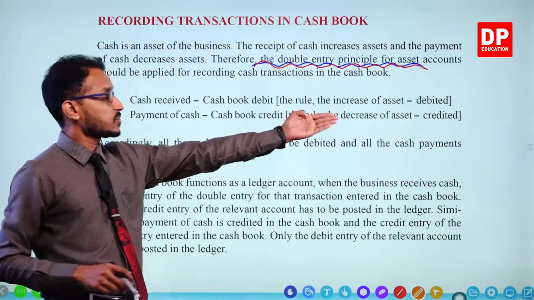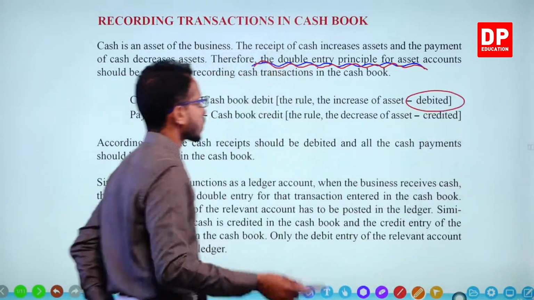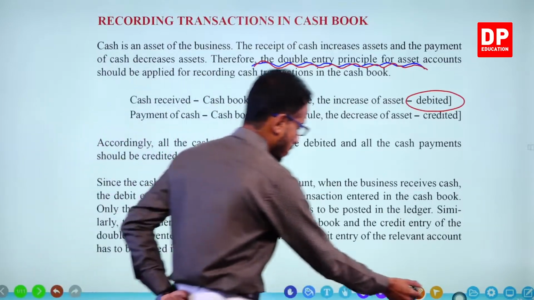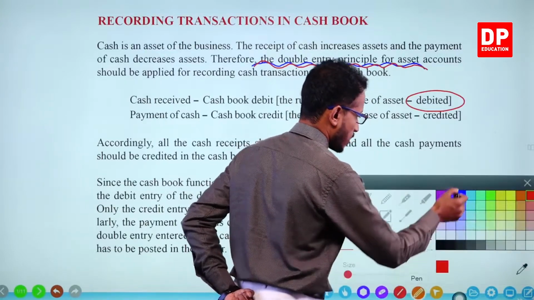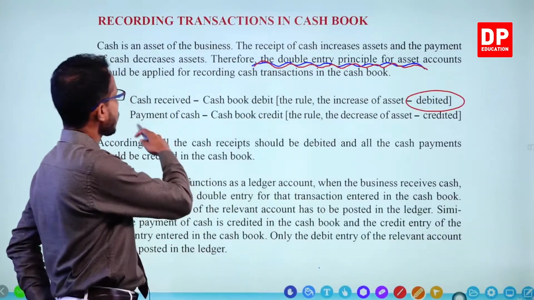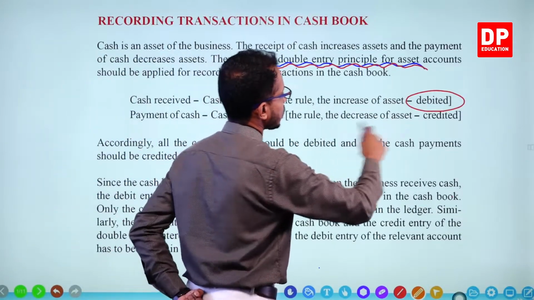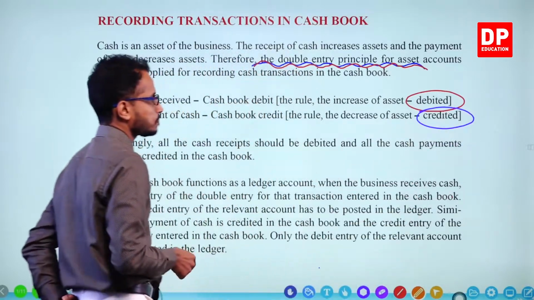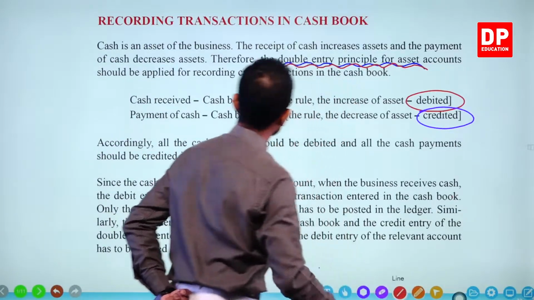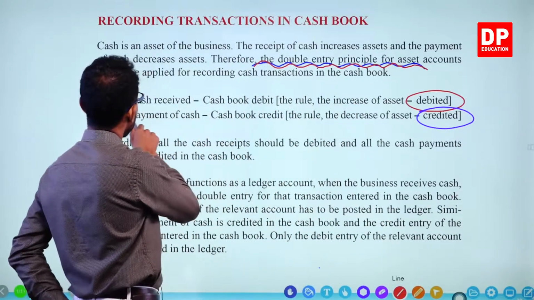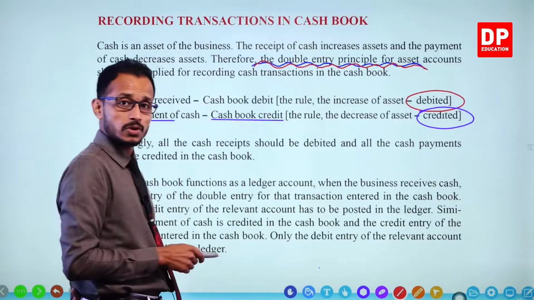So when cash is received, our asset increases, then it's a debit. When cash is paid, our asset decreases. It's a credit. Payment is a credit in the cash book.